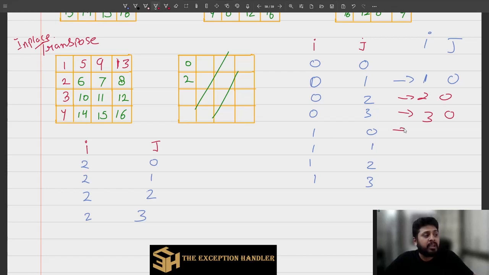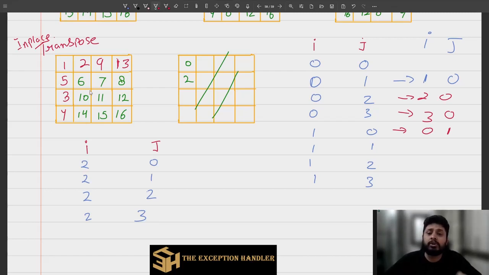Now for the next row, that means 1 comma 0. 1 comma 0 means this value should be interchanged with 0 comma 1, right? So practically you would be interchanging these two values again back to their original positions. Understood?